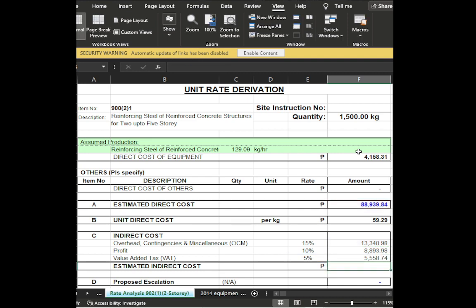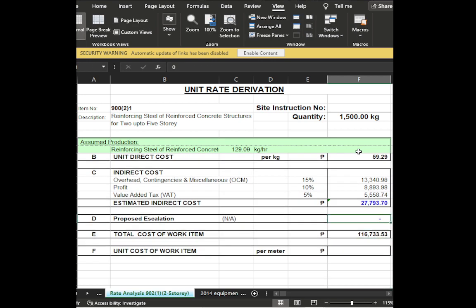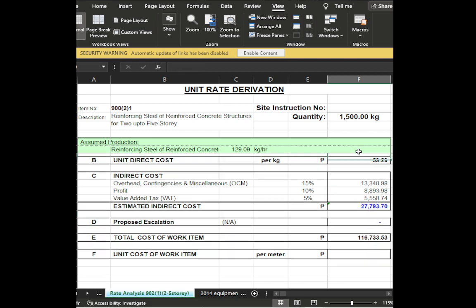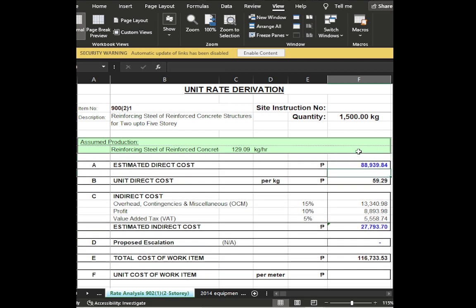So the estimated indirect cost is a total of 27,793. So this total of the indirect and direct cost is 116,733. The 88,000 plus 27,000 is 116.